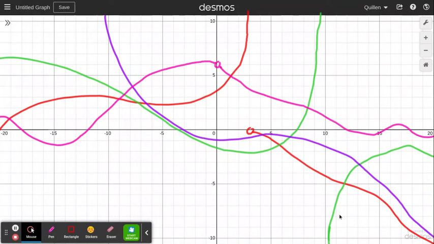Now, I want you to find the same limit from the right-hand side. So, what is the right-hand limit as x approaches 10 of this green function? I'll give you a second to think about that now.